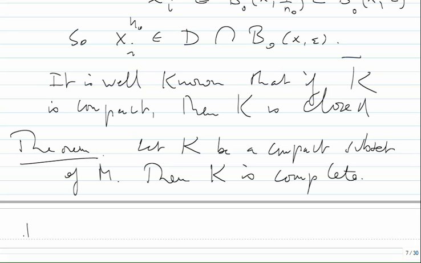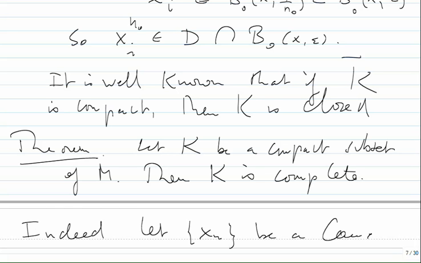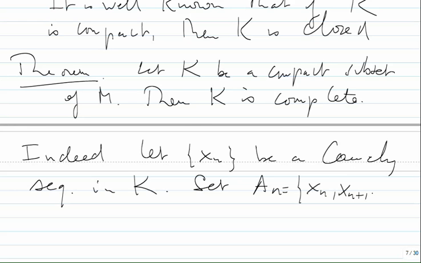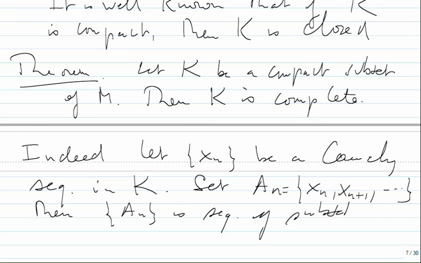Indeed, let x_n be a Cauchy sequence in K. Set A_n equal x_n, x_{n+1}, etc. Then A_n is a sequence of subsets of K which is decreasing.